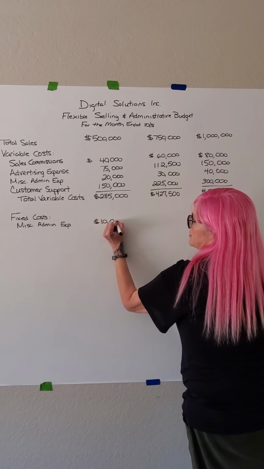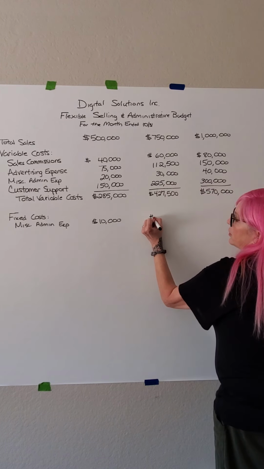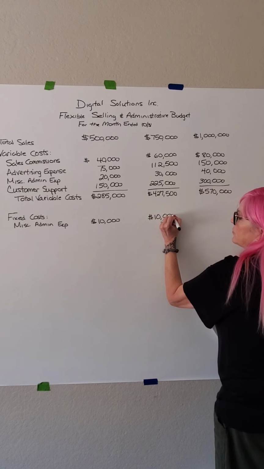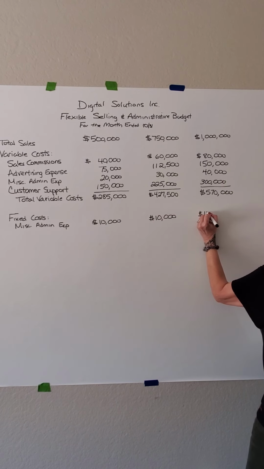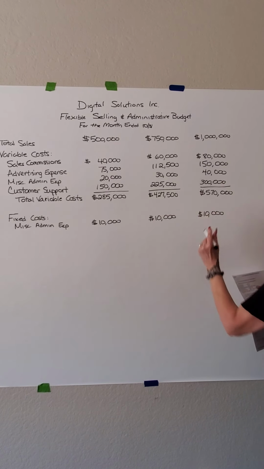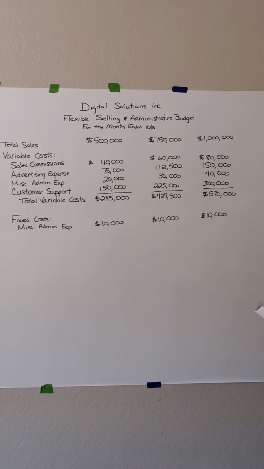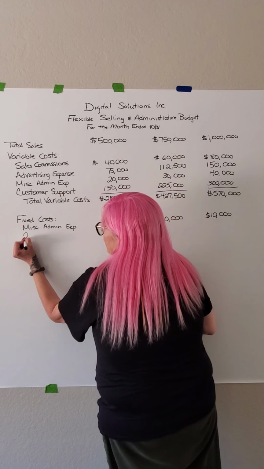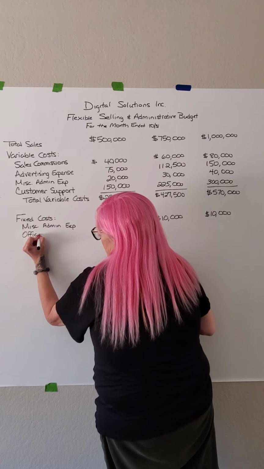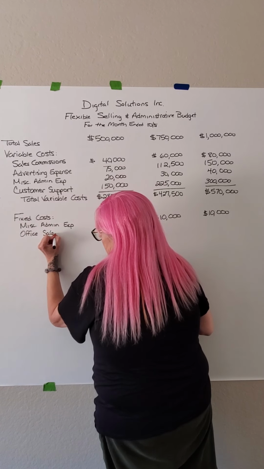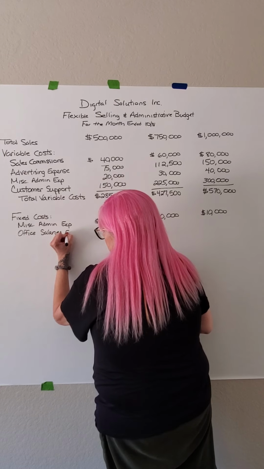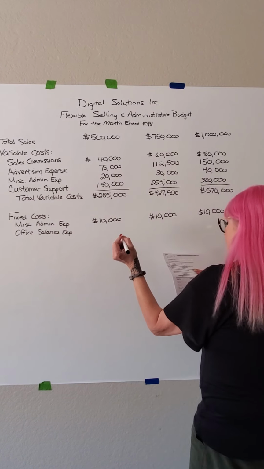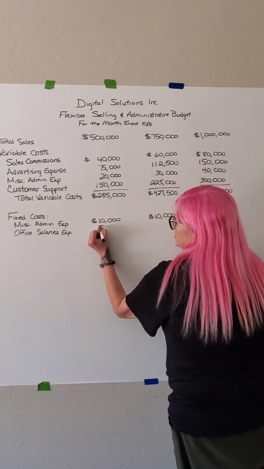So it's going to be $10,000 regardless of the level of activity. The next item that we have is office salaries expense of $50,000 a month. So we've got office salaries. That's going to be the same. So that's $50,000 a month.